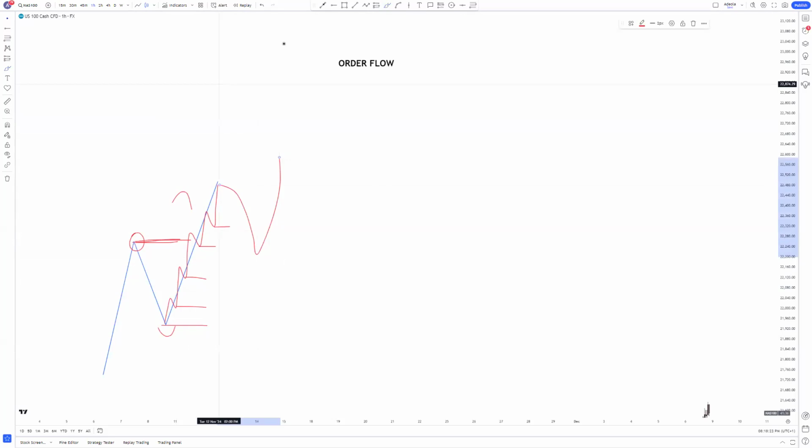Now, this is why you need to understand order flow. Because after liquidity has been taken from one side, we are coming for the other side. Now, how will you know? My students have asked this question: how will you know that after price has taken one, we are going to buy, or after price has taken two?